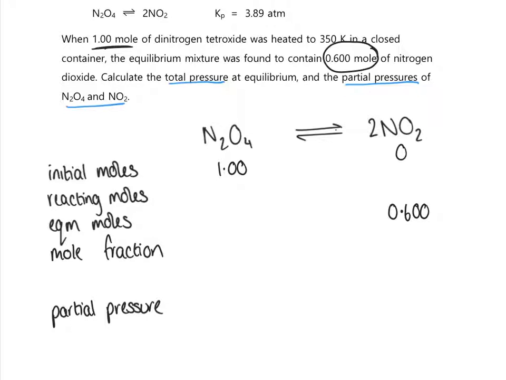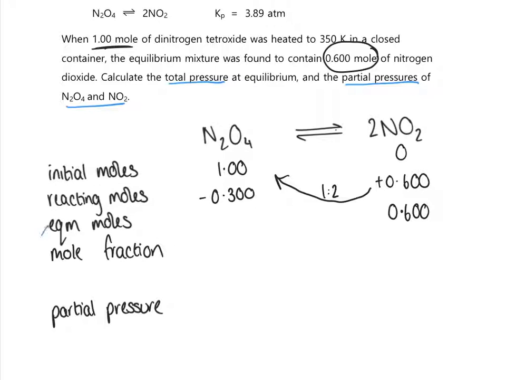We then can tell that our reacting moles of nitrogen dioxide must be plus 0.600. And then we can work out our reacting moles of dinitrogen tetroxide using our ratio, which is 1 to 2 in this case. So we need to divide our reacting moles of nitrogen dioxide by 2, and we get the reacting moles of dinitrogen tetroxide as minus 0.300.